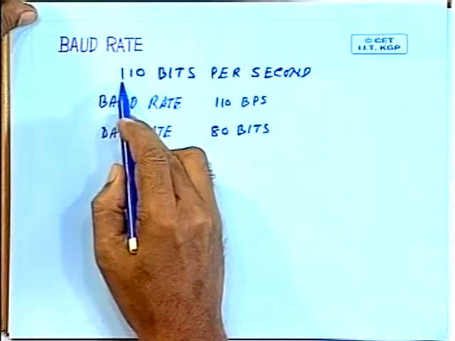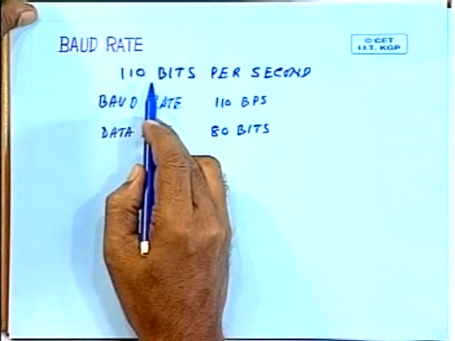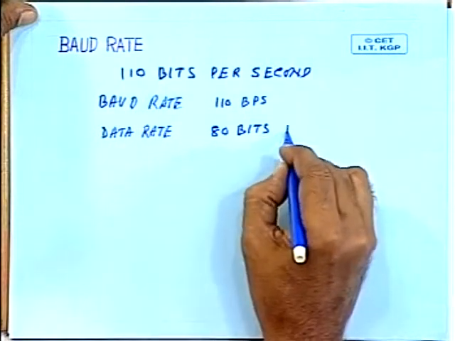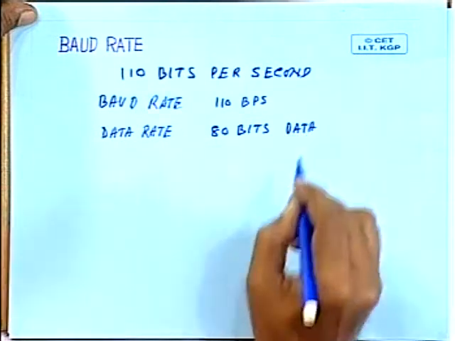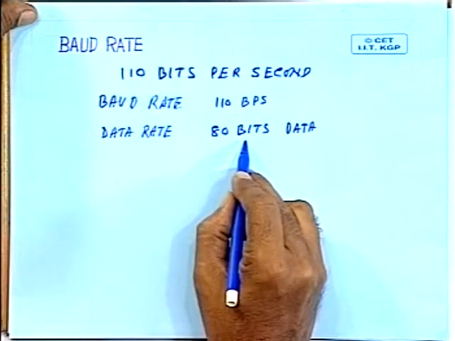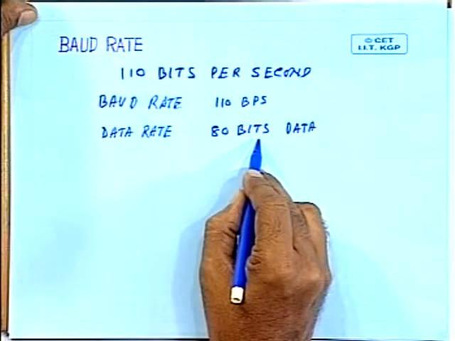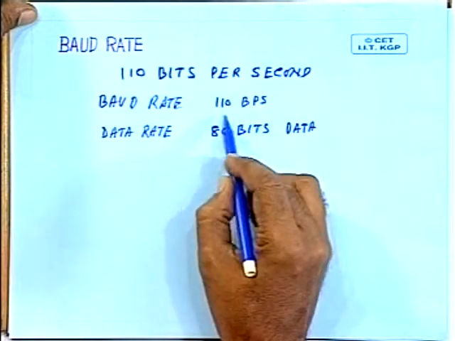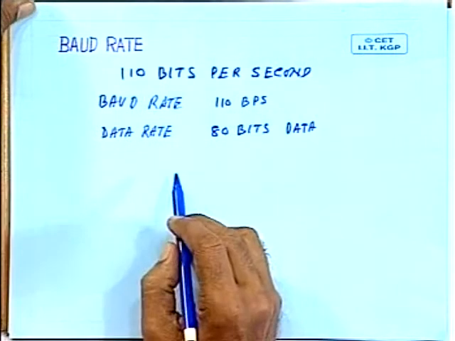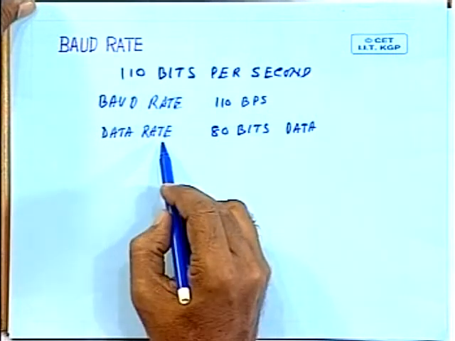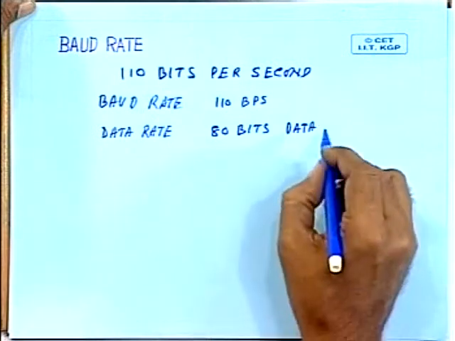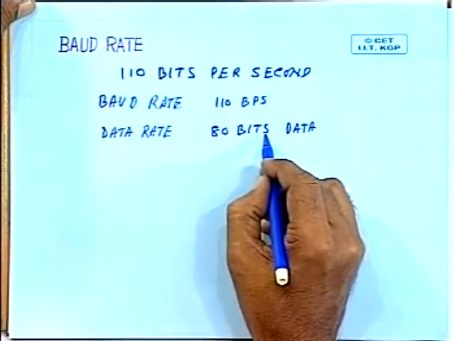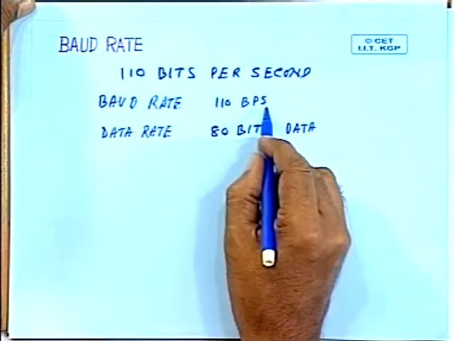So 110 bits have been sent to send 80 bits of data. So you can say the data rate is 80 bits per second, but the baud rate is 110 bits per second. That is due to extra overhead. The unit is the same, bits per second.